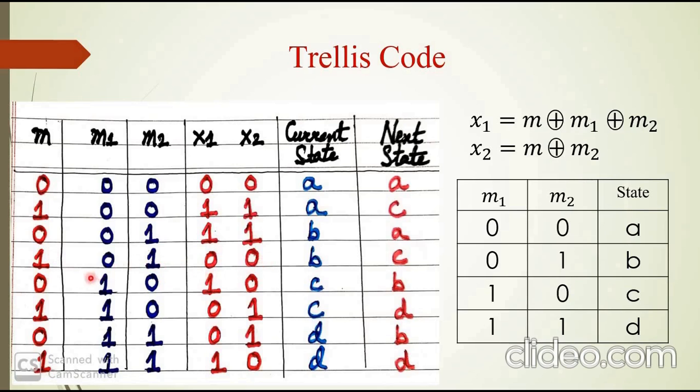And for fifth case, where m1, m2 is 0 1 0. So x1 is addition of all 3 bits, 0 plus 1 plus 0, so it will be 1. And x2 is 0 plus 0, it will be 0. So x1 is 1 and x2 is 0 here.